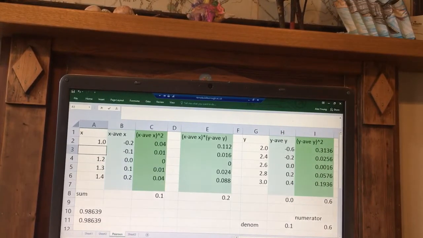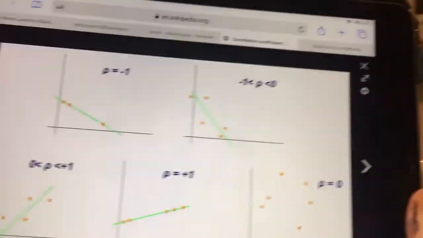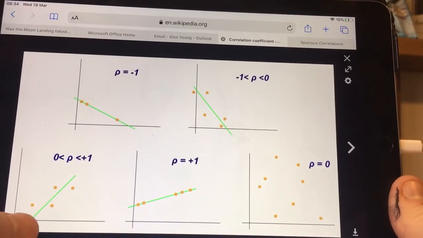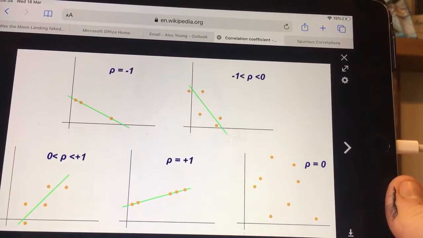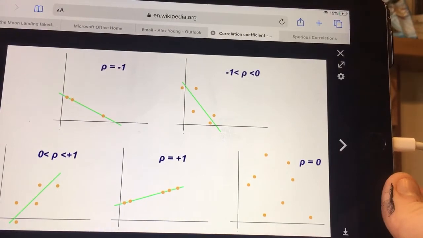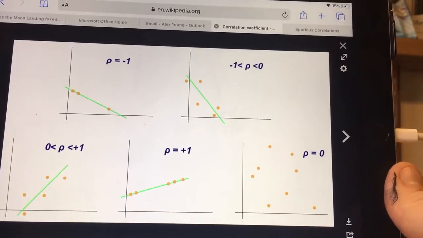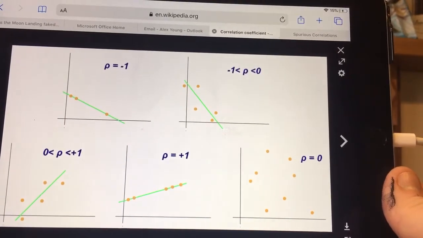If they're exactly the same distance away from their mean, proportionally, then we end up with a positive correlation. The closer the value is to 1, the better the positive correlation.